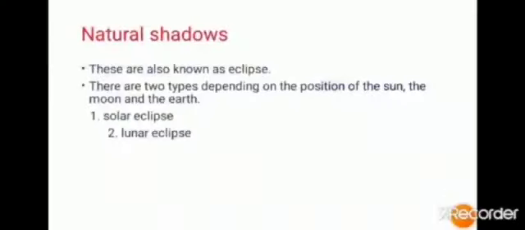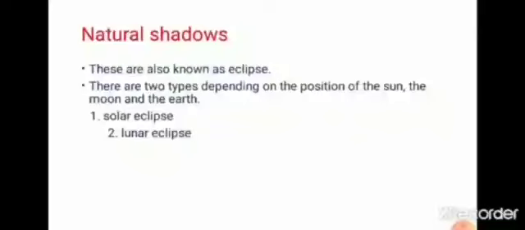Now let us study certain natural shadows. These are also known as eclipses. The word eclipse means to hide. We know that the sun is a natural source of light on earth, but the earth and moon are not natural sources. The earth revolves around the sun and the moon revolves around the earth.